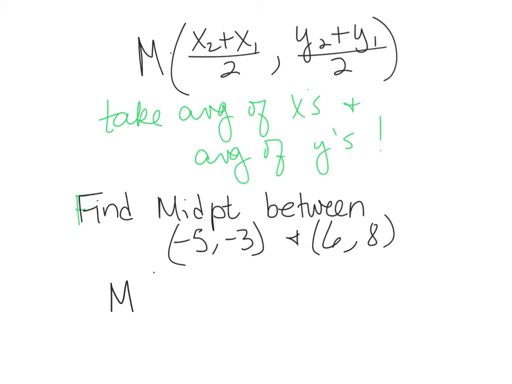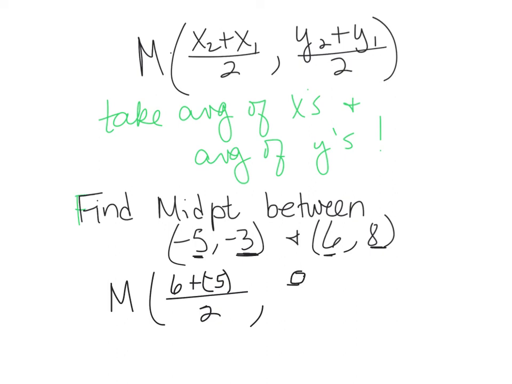So the midpoint is at, I'm looking at my x's, 6 plus -5. I would normally just write 6 minus 5 because I know, but I just wanted to confirm this plus sign right here, okay? Divided by 2, comma, and now I'm going to look at the y's.